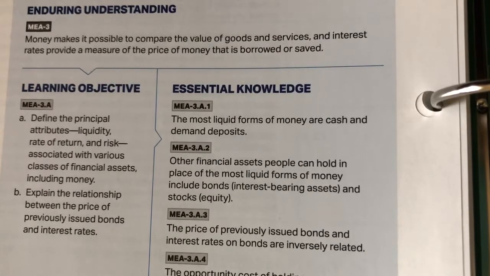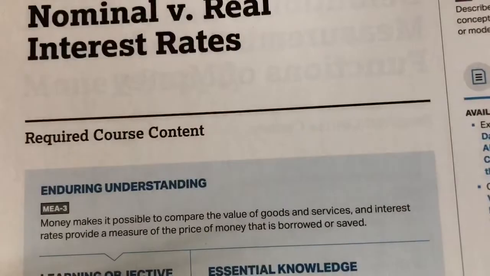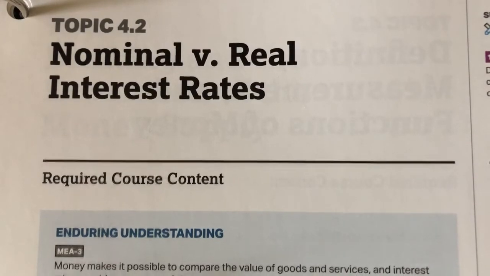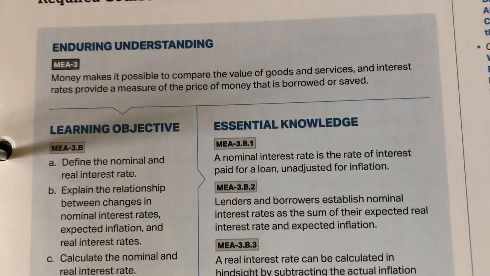And so that's why a lot of people put money in investments so that they can earn something in the long run. So, nominal and real interest rates. The nominal interest rate is the rate of interest at that time that is unadjusted for inflation. And we know nominal interest rates are relatively low.